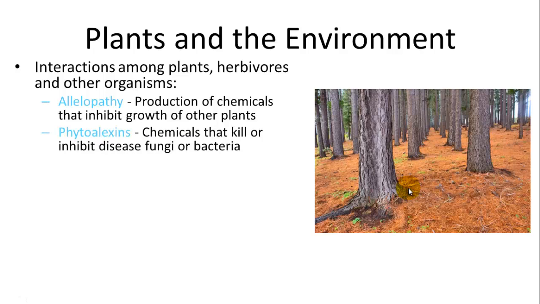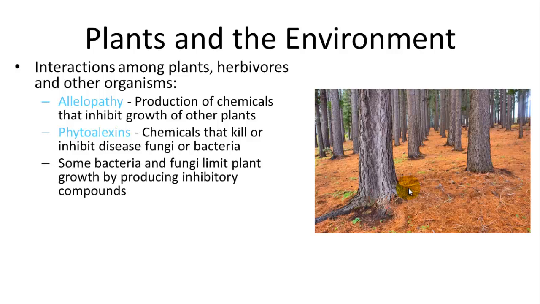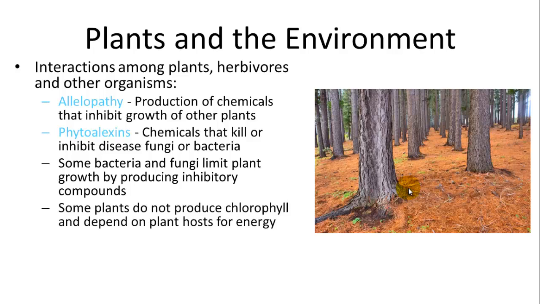Phytoalexins are chemicals that kill or inhibit disease, fungi, or bacteria. So these are going to prevent infection or consumption by bacteria or fungi. Some bacteria limit plant growth by producing inhibitory compounds, so they can also have their own ways of competing with plants. Some plants do not produce chlorophyll, and so those have to depend on plant hosts for energy.